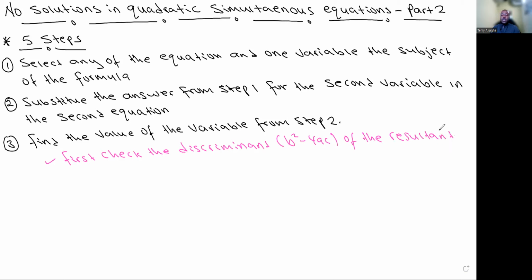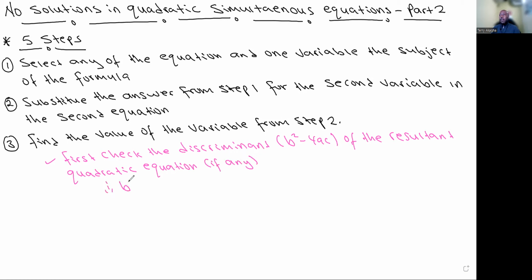So before you proceed, you have to check this. But because we are having questions that have no solution, we're going to mostly stop at step 3 because we cannot proceed. But just for clarity's sake, I'm going to write all the rules here.